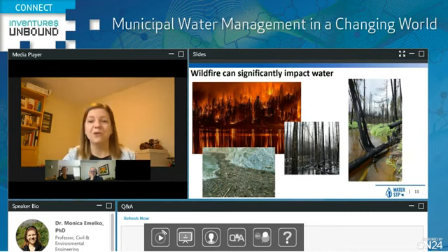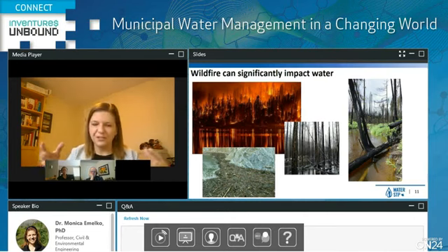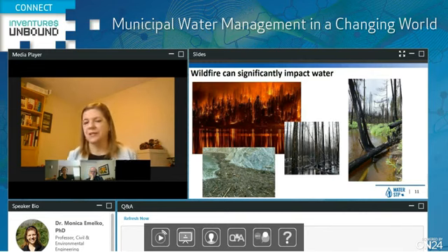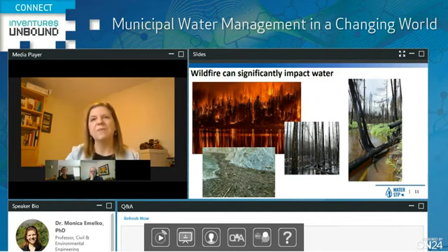And does that affect water quality? Yes, it does. Wildfires can significantly impact many aspects of water quality. What you see in this image is that they can affect water quickly, like a debris flow that you see in the bottom left corner, which is more relevant to environments like Colorado. Doesn't mean it won't happen in Western Canada, it's just more relevant.